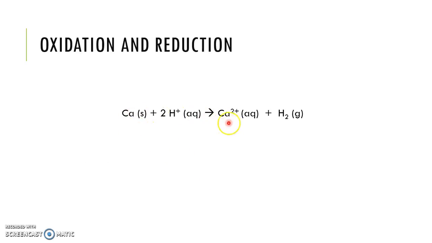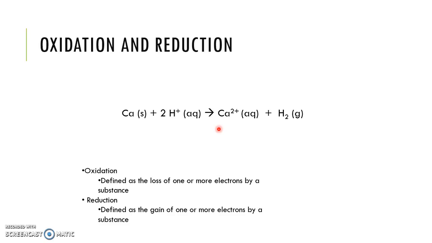Looking at this reaction, how do we know which substance has been oxidized and which has been reduced? To identify this, we need to look at the oxidation number.